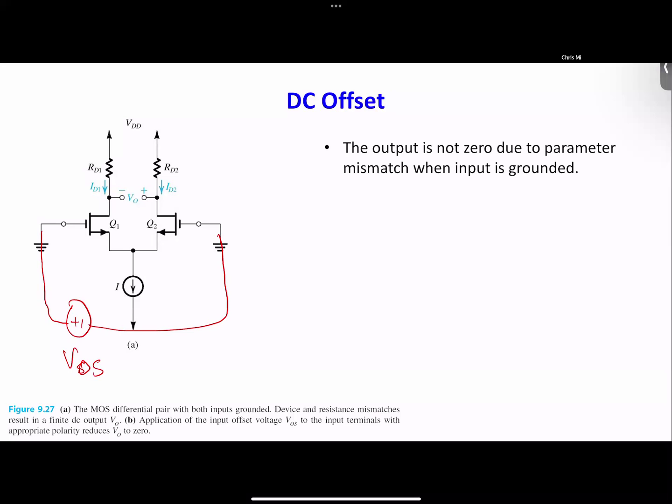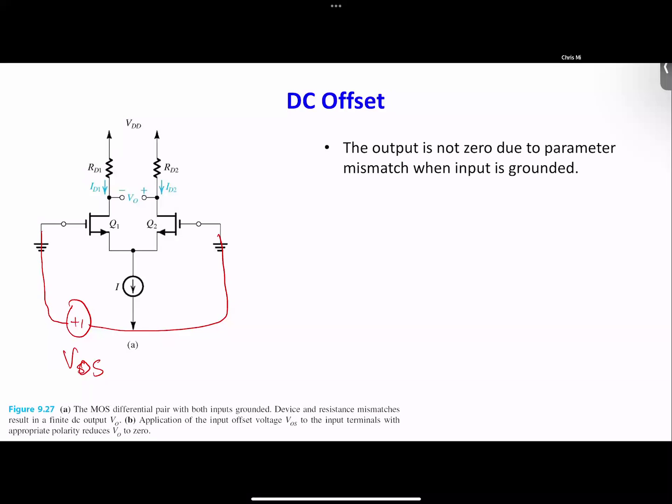When we apply this VOS as a DC voltage, you see the positive terminal over here is going to increase the current, so the voltage here is going to reduce. And the negative terminal over here is going to reduce the current, so the voltage here is going to increase. And then eventually these will become the same.